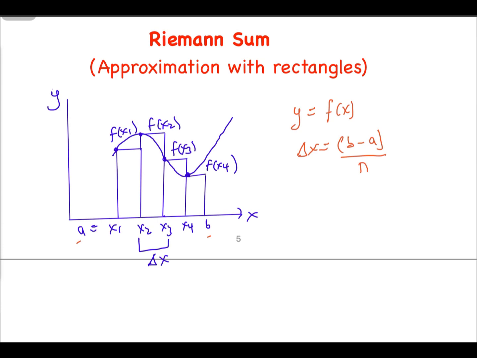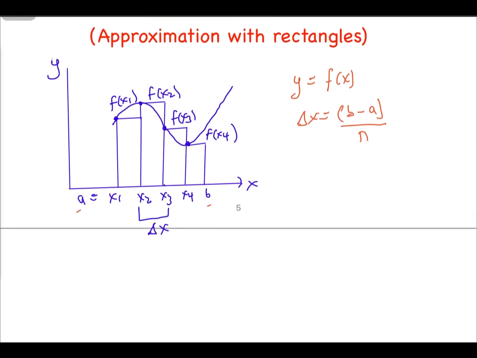So when you look at the figure here, we can see that the heights of the rectangles shown are f of x1, f of x2, f of x3, and f of x4.